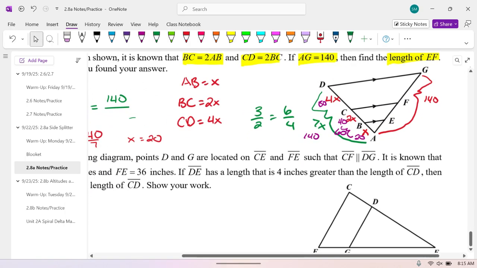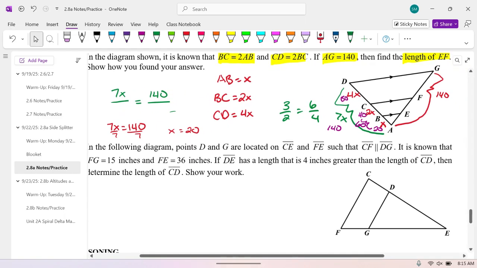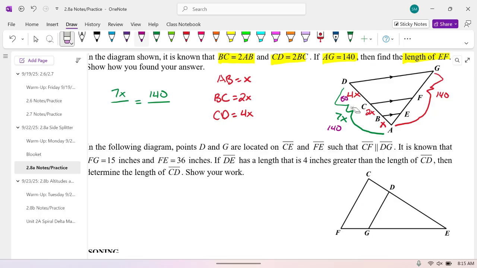All right. So if we want to do that, even if we didn't find out what x was just yet, I'm second guessing myself. Let's say that we wanted to find what EF was.